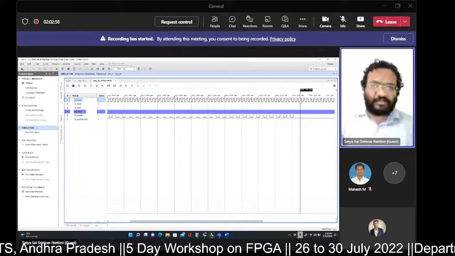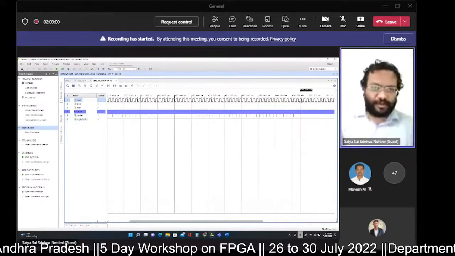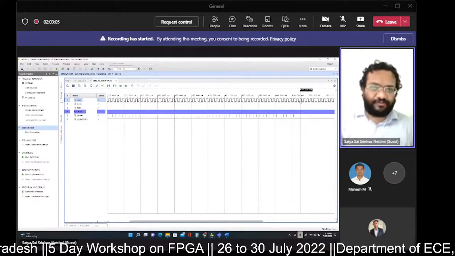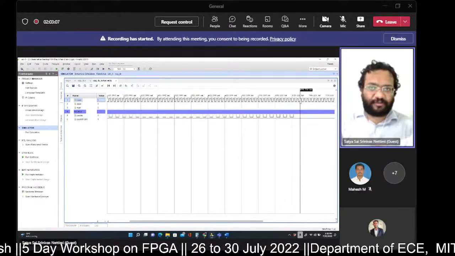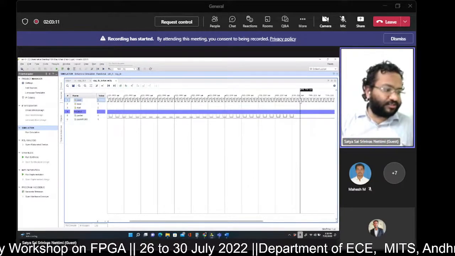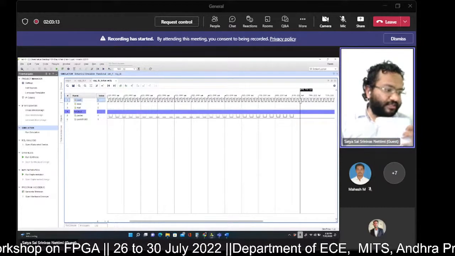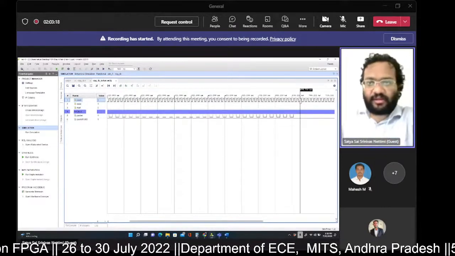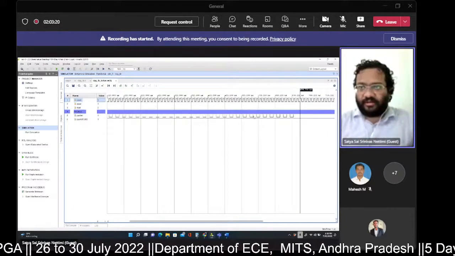So 64 clock cycles is equivalent to 64 bits. That means we have successfully generated the first 64 bits of our Ethernet frame that corresponds to the preamble and start frame delimiter. So I think I am clear till here.